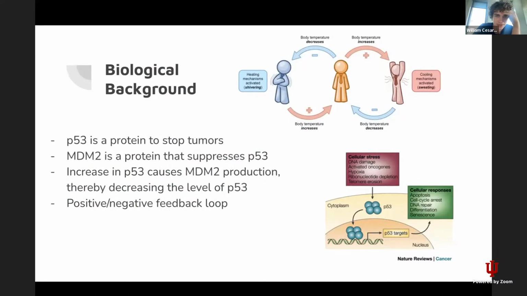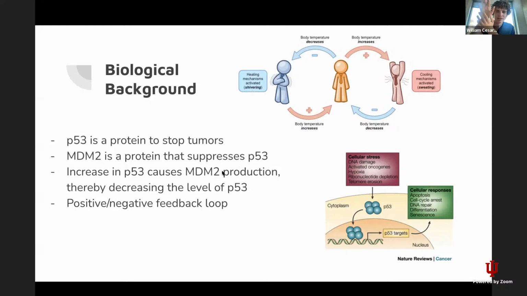So some biological background: P53 is a protein that helps suppress tumors, and MDM2 is another protein that suppresses P53 production, but they have a cyclical positive-negative feedback loop relationship, in that when P53 increases, the production of MDM2 also increases.